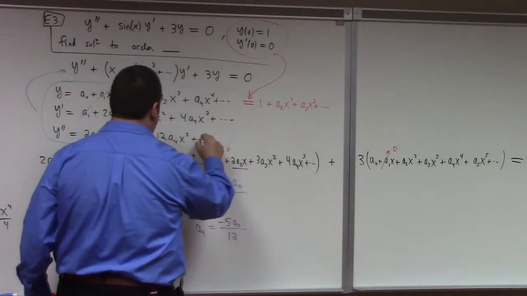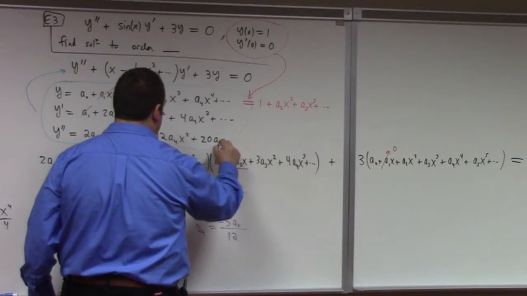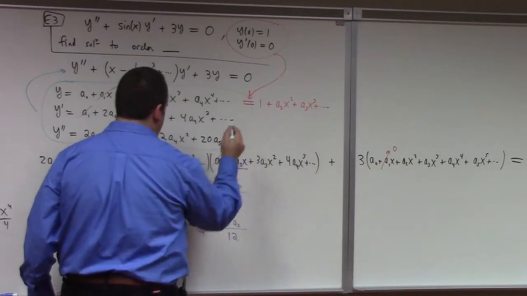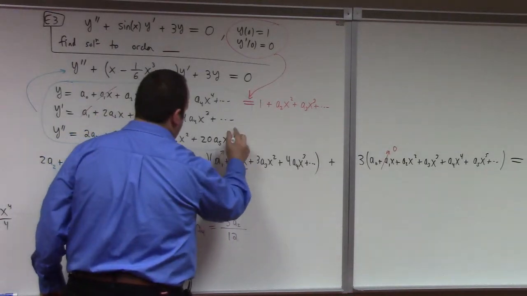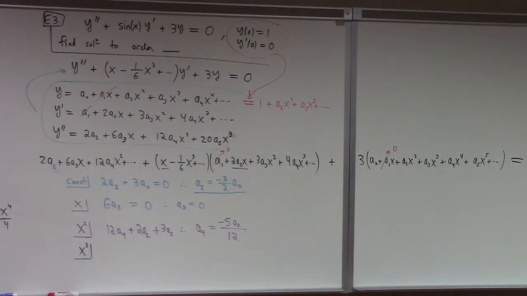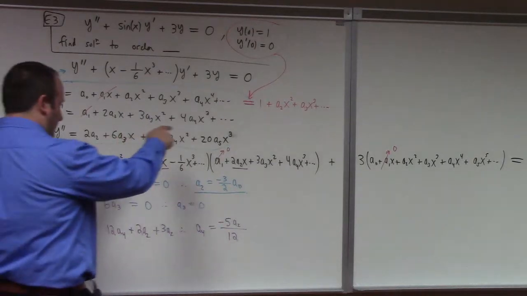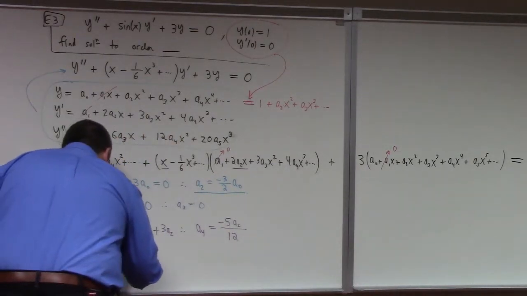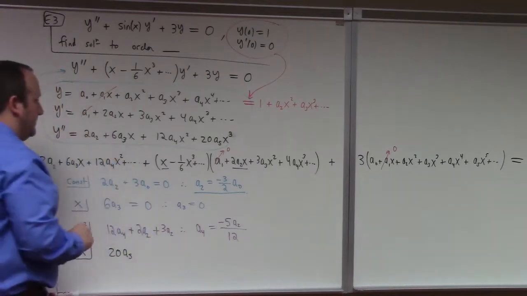The next one's 4 times 5, which is 20a5 x cubed, right? If you think through that, we start out with a5x to the 5th, differentiates to 5a5x to the 4th. Then 5 times 4 is 20a5 x cubed. Yeah, differentiate two times. So there is our 20a5 from the y prime prime.